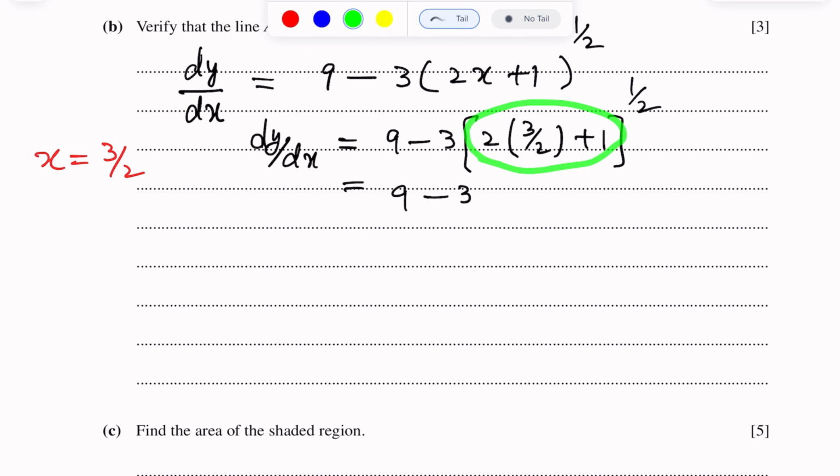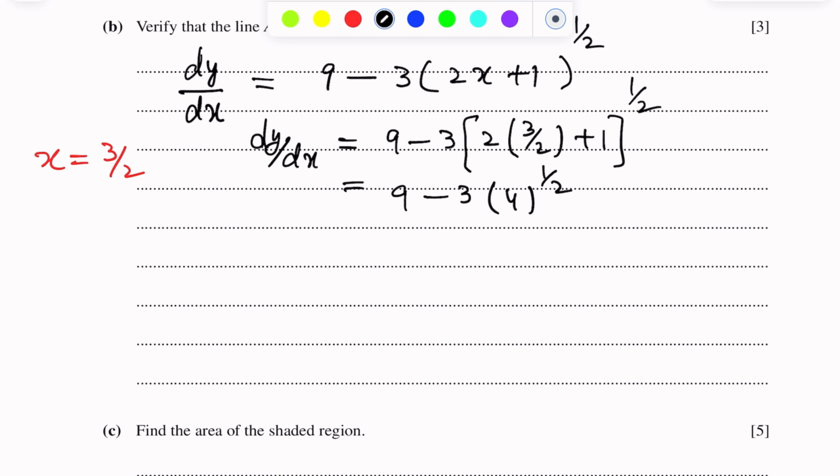Simplifying inside the bracket, we get 4. 4 power 1 over 2. Simplifying, we get dy over dx, that is the gradient of tangent, is equal to 3.